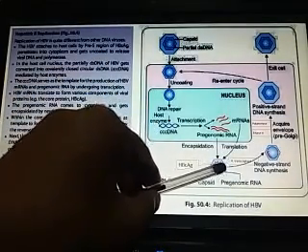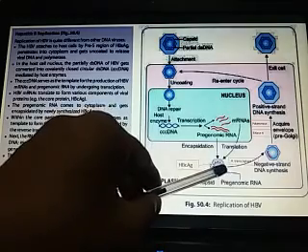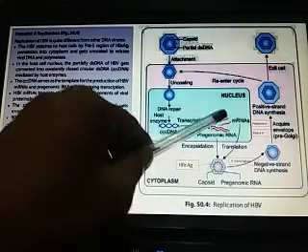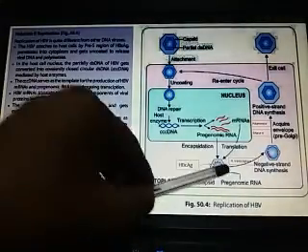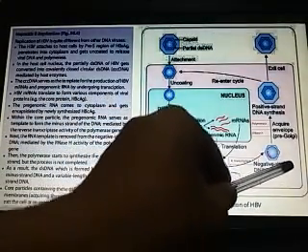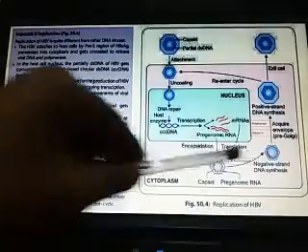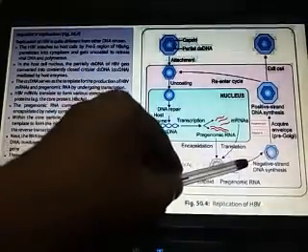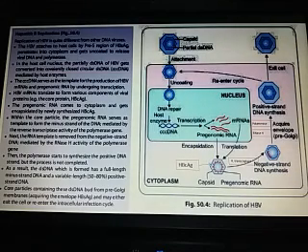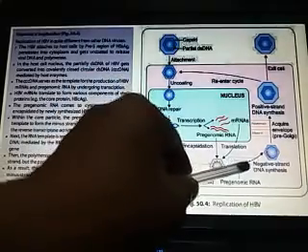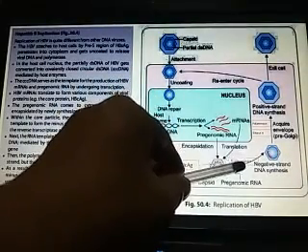This RNA, that is the pre-genomic RNA, acts as a template to form the negative-sense strand DNA by using the reverse transcriptase enzyme. That means the synthesis of DNA from RNA by the reverse transcriptase enzyme. The enzyme is the same.